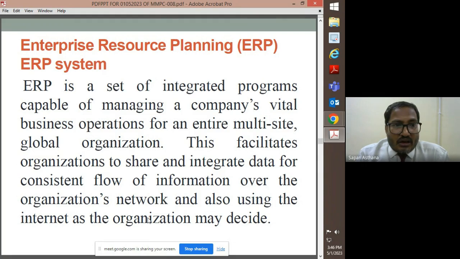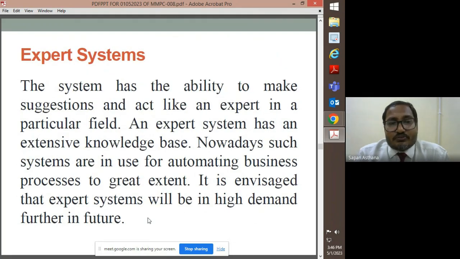Okay. And when you say expert system, the system has the ability to make suggestions and act like an expert in a particular field. An expert system has an extensive knowledge base. Nowadays, such systems are in use in the business process to a great extent.